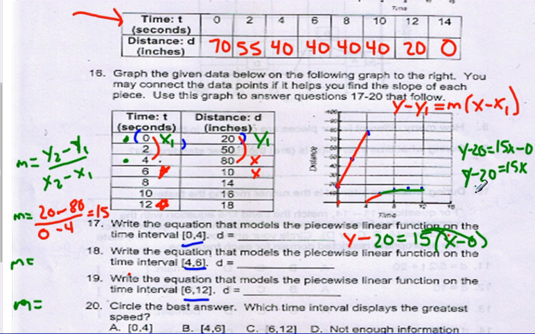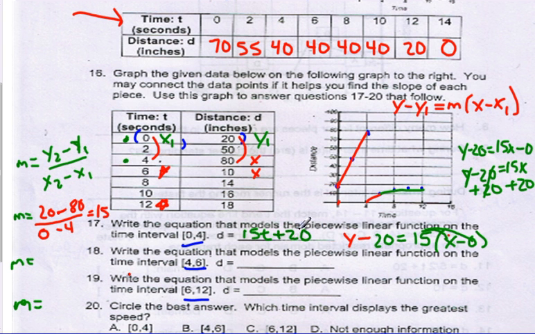To get the y by itself, you just add 20 to both sides. And you get y equals 15x plus 20, because these cancel. They're using d for distance instead of y, but this is the same thing. So d equals 15, let's say t for time, 15t instead of x, plus 20.